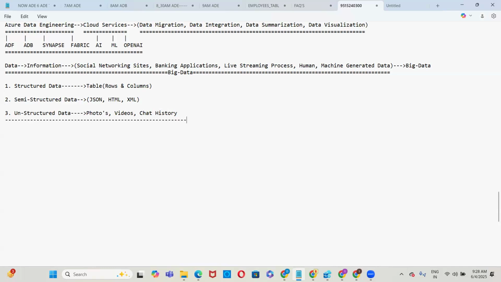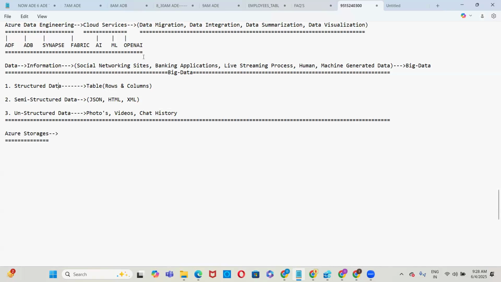To deal with structured, semi-structured or unstructured data, the Azure data engineer needs to store the data in Azure storages. The Azure storages are common for all the services.